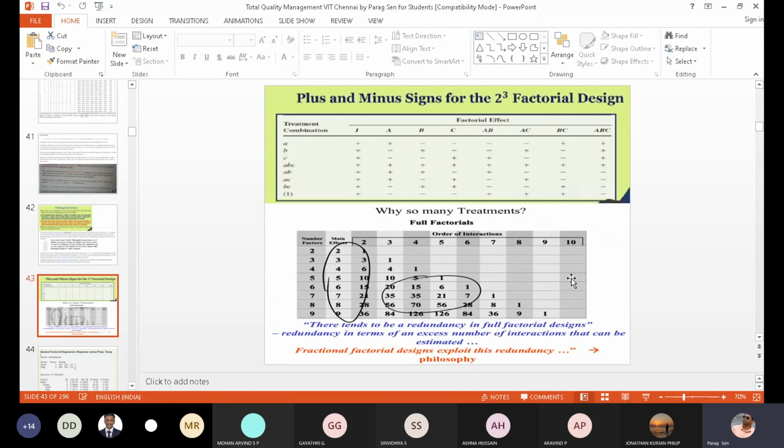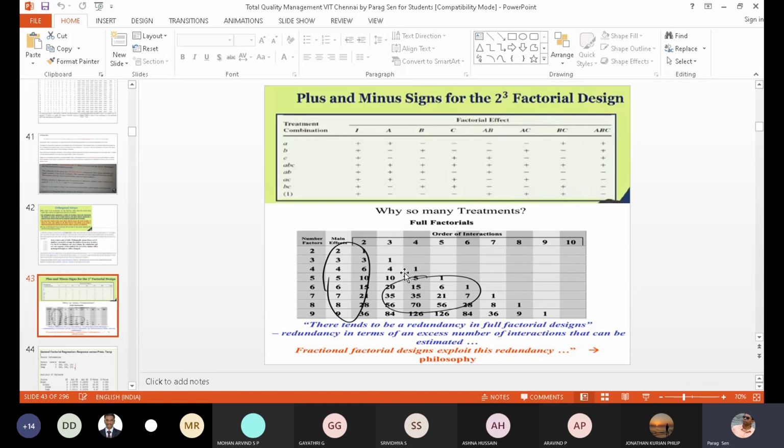In this particular table, you can notice that the number of factors is provided, and the order of interactions is also provided. And the main effects are given, which will obviously be equal to the number of factors.